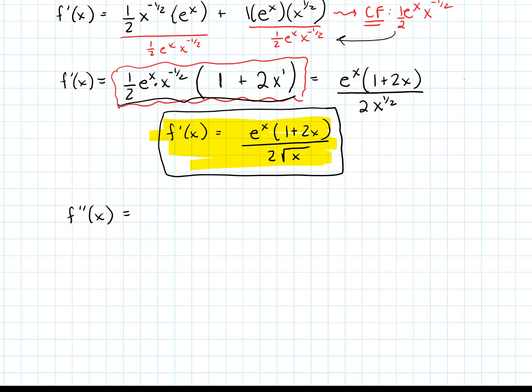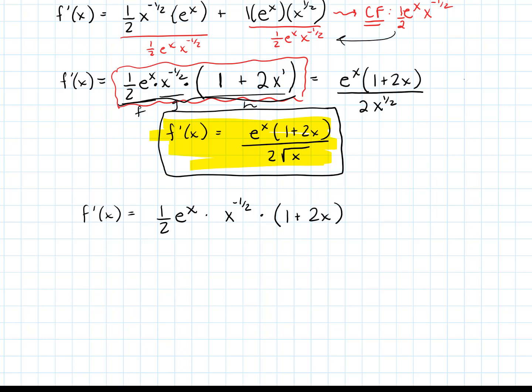Notice in this function that we actually have the product of 3 different functions, like an f, a g, and an h. I'm going to rewrite that down here so I have it in my space. So I've got 1/2 e to the x, that's like my f, x to the minus 1/2, and 1 plus 2x.